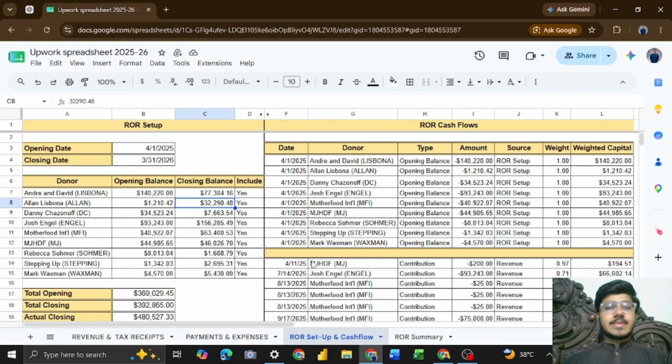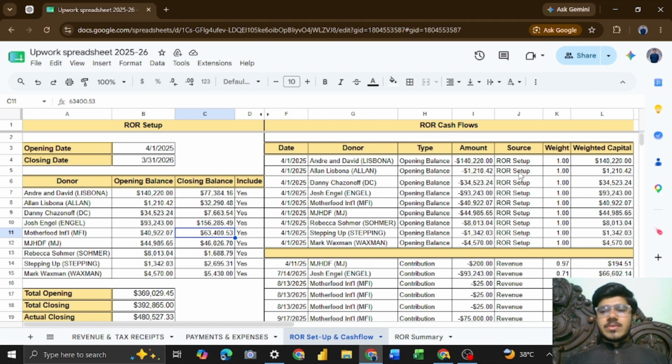Basically, you can call it a summary engine in which all the client opening balances are fetched, and the closing balance is calculated by subtracting the expenses made by the foundation from each donor's account. Then I use a weighted capital formula based on the dates of the transactions made by the donors.